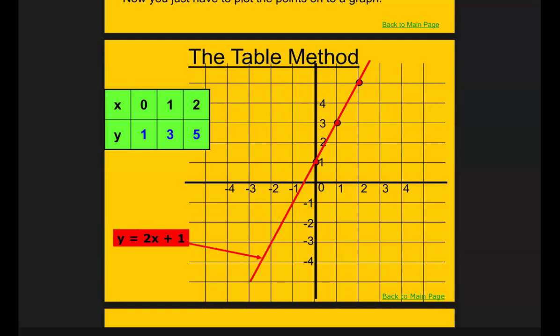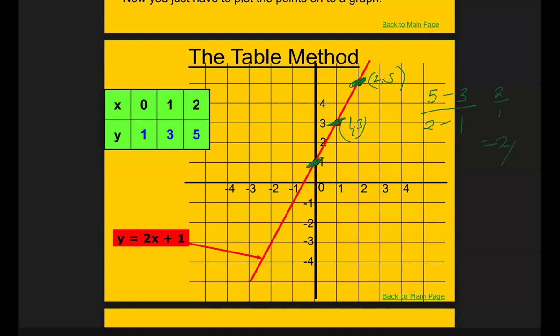Steepness is the change in y divided by the change in x. So you pick two coordinates. I pick this one, you pick that one, or you can pick any of them. The coordinates of this one are 2, 5. The coordinates of this one are 1, 3. You find the difference in y divided by the difference in x. The difference in y is 5 minus 3. The difference in x is 2 minus 1. So 5 minus 3 divided by 2 minus 1 is 2 over 1, which gives 2.